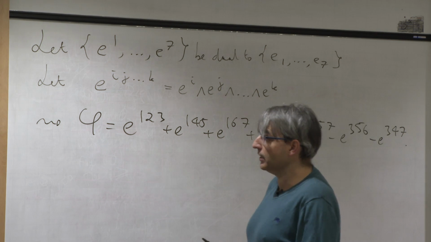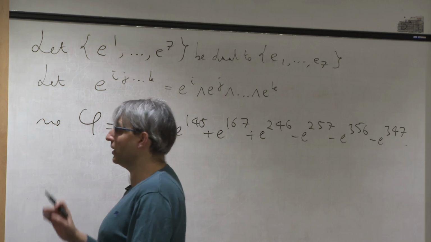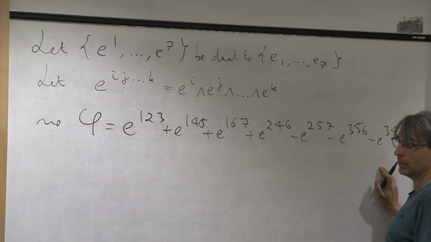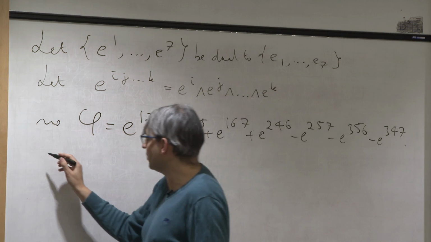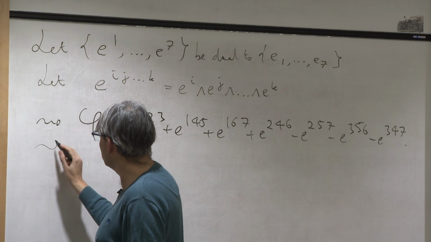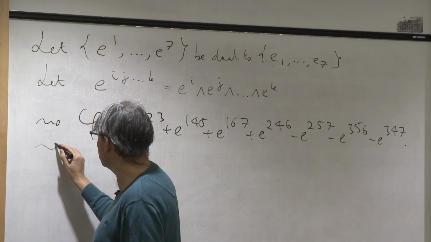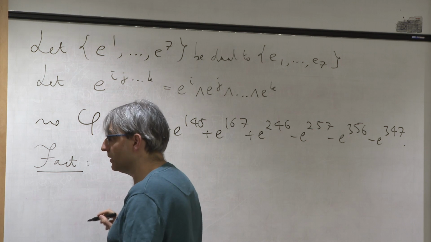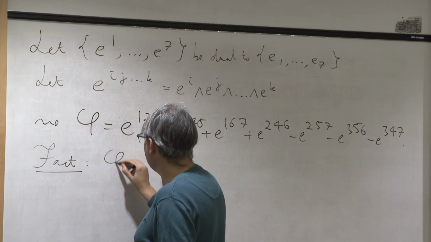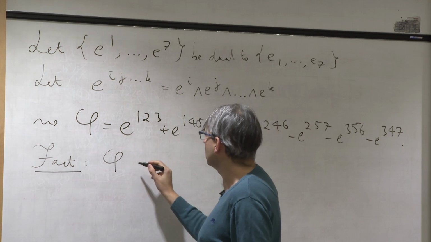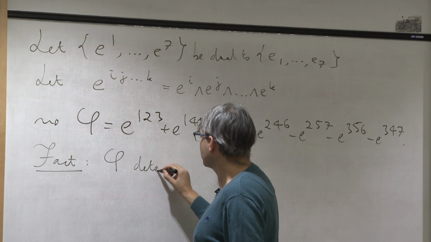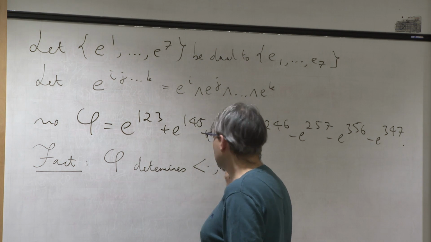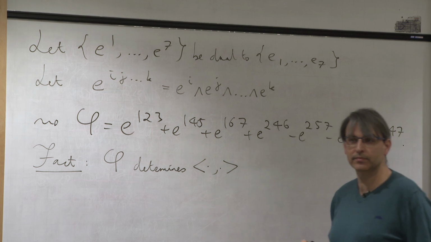Now, the nice thing that you can do, and it's based on this formula, so I've given you an explicit formula. There's an interesting fact, which is easy to compute: if I just give you phi, this actually determines the inner product, and hence the cross product.